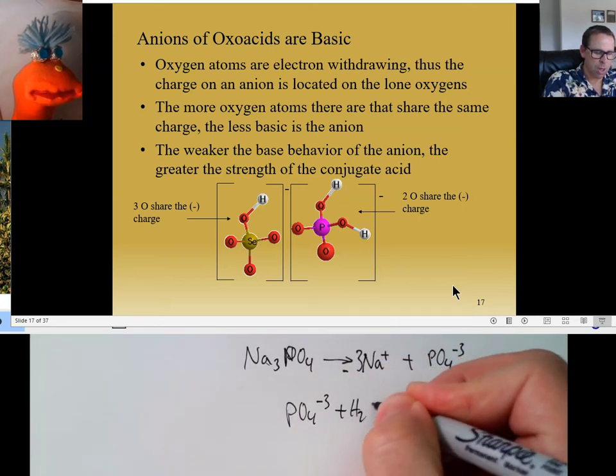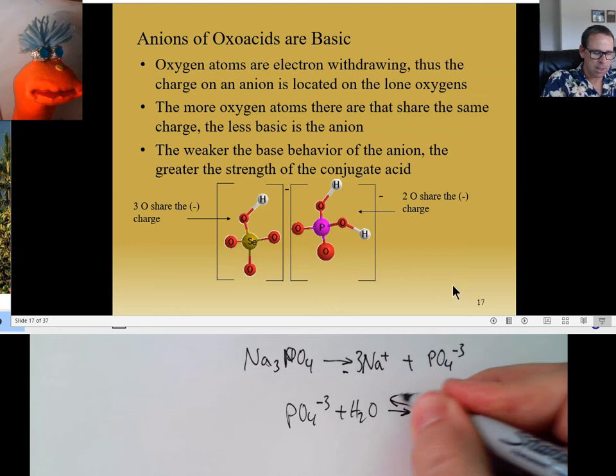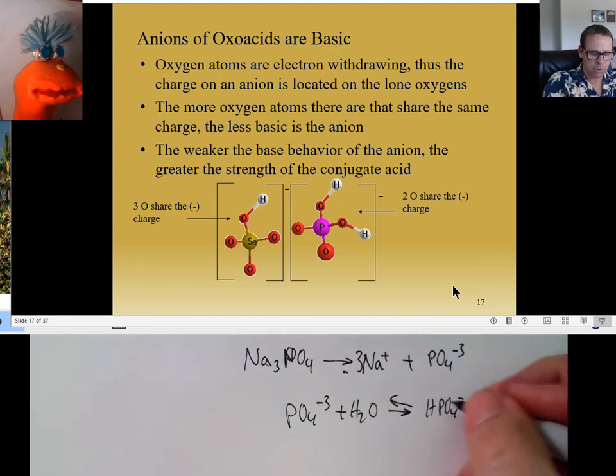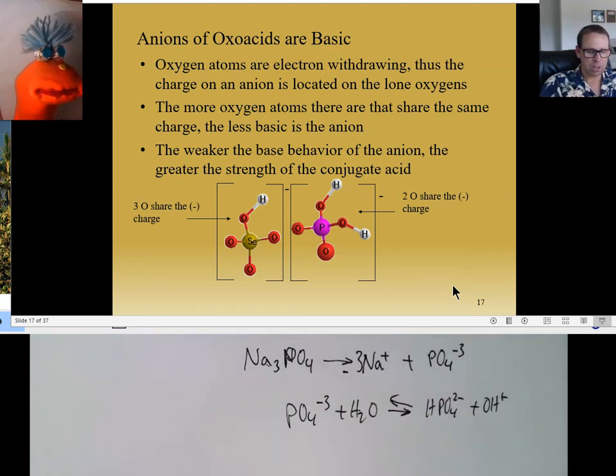It interacts with water, and it grabs those hydrogen ions, and creates hydroxide ions, or HPO4 2 minus, and creates hydroxide ions. Additionally, some of these HPO4 2 minuses are going to take another hydrogen away from a different water molecule and form another hydroxide ion and some H2PO4 minus.